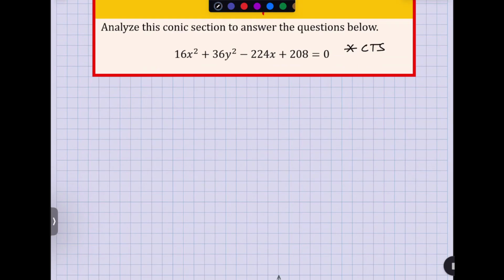So if I look at this, I've got 16x squared minus 224x plus 36y squared is going to equal negative 208.